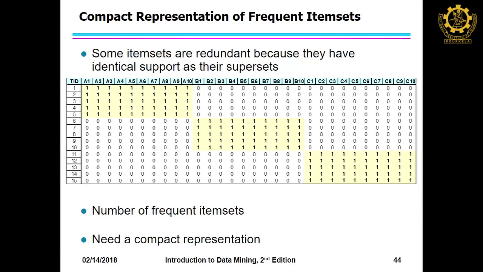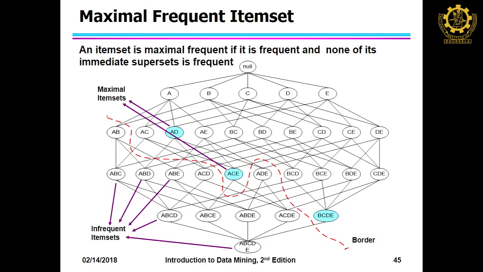So, how do you represent the frequent item sets very compactly? Now, we will see a compact representation of the frequent item set. Here there is something called the maximal frequent item set. An item set is maximal frequent if it is frequent and none of its immediate supersets is frequent.